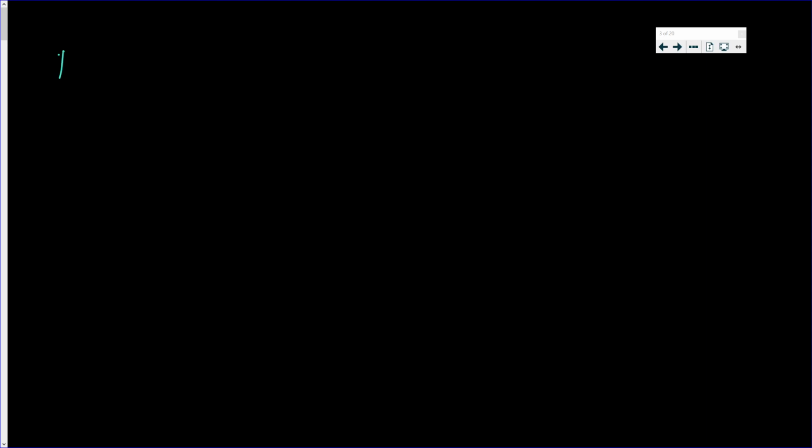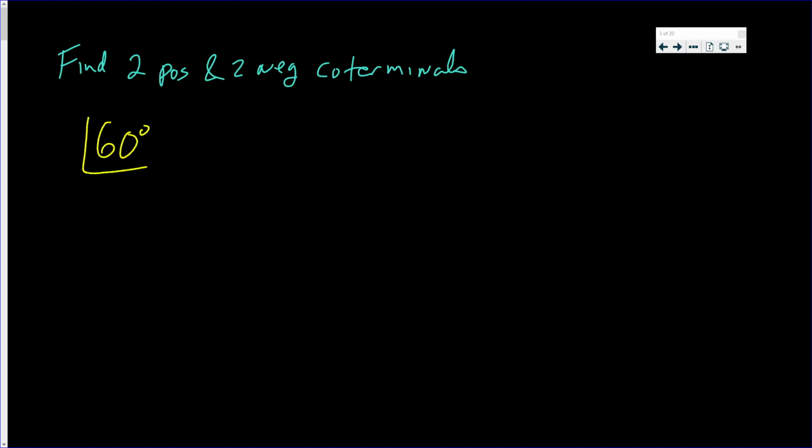So here we want to find 2 positive and 2 negative coterminals for the given angle. If I give you 60 degrees, find 2 positive ones and 2 negatives. Well, I can add 360. That gives me 420.